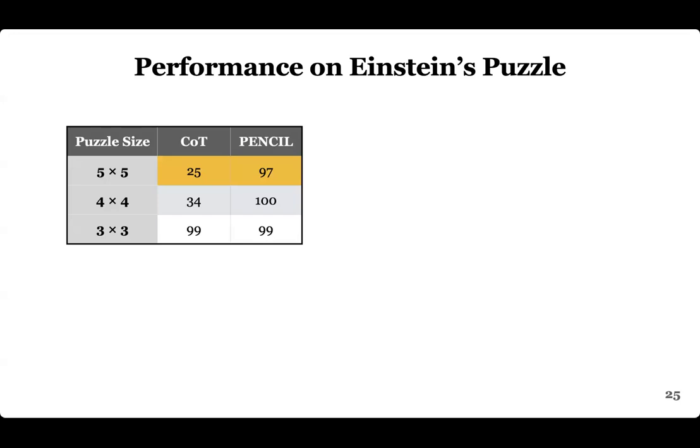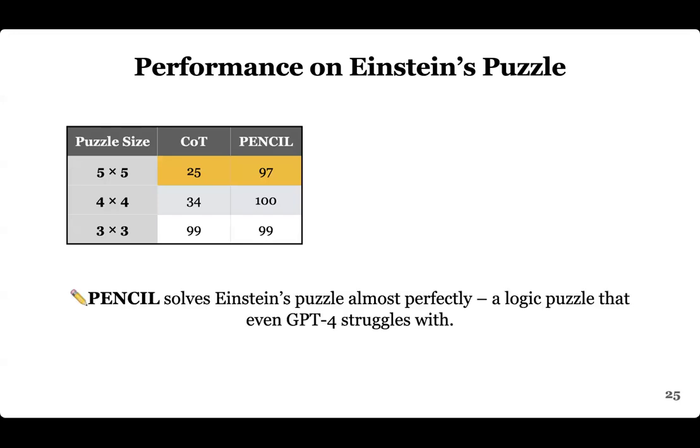This is a very impressive result. The reason why it can achieve such impressive performance is because if we use chain of thought, the number of tokens we need to generate to solve this puzzle is 150,000, but for Pencil it's just 3,000.